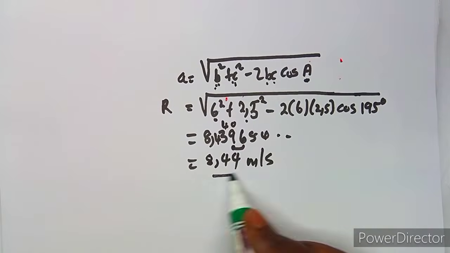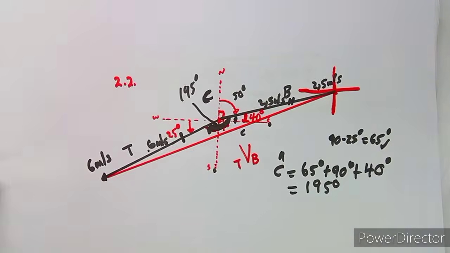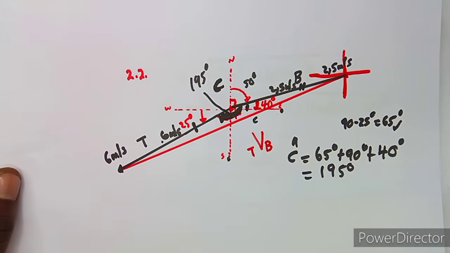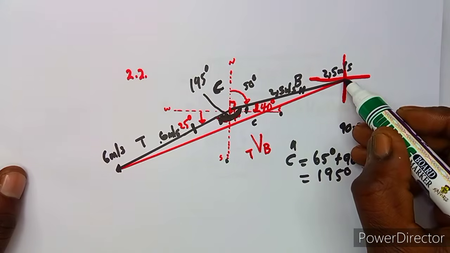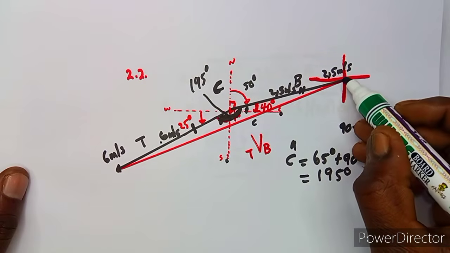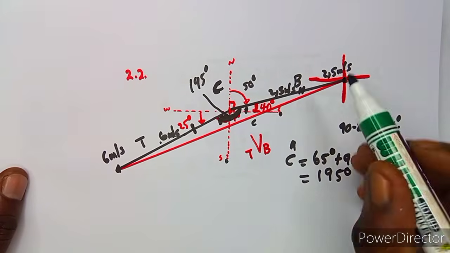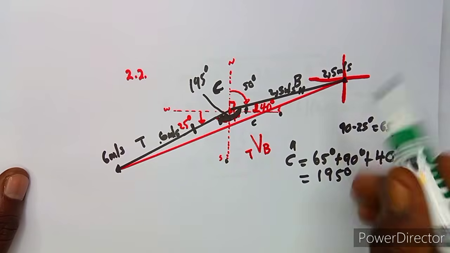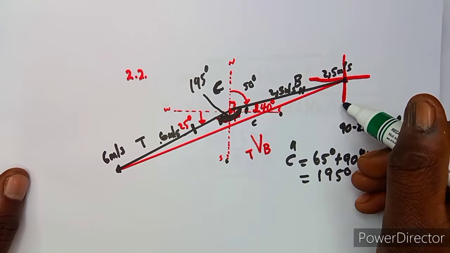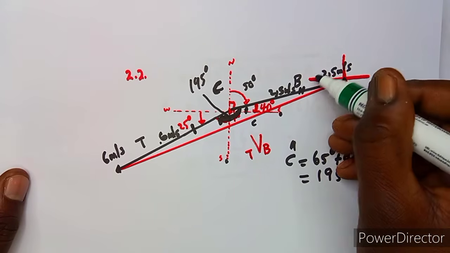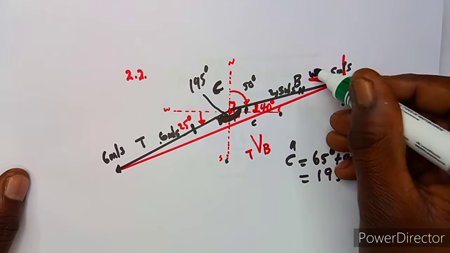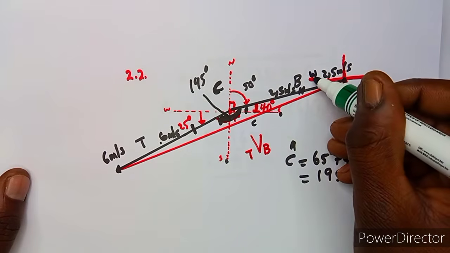But we need to know the direction, because we are relative to Bakan. That is why I had this North Pole here. So this is the direction that you're going to take. There are two options. You can take this from south to west, or, since this is west and this is south, you can take it from west to south, this angle here.